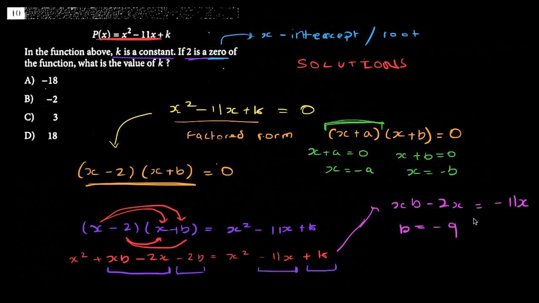If you work this out, it's going to be minus 9. For the second one, minus 2b equals k. I can just plug in for b, so minus 2 into minus 9. I plugged in that b from what we solved earlier, and it's minus 2 into minus 9, which is just 18. And so our answer is going to be D.